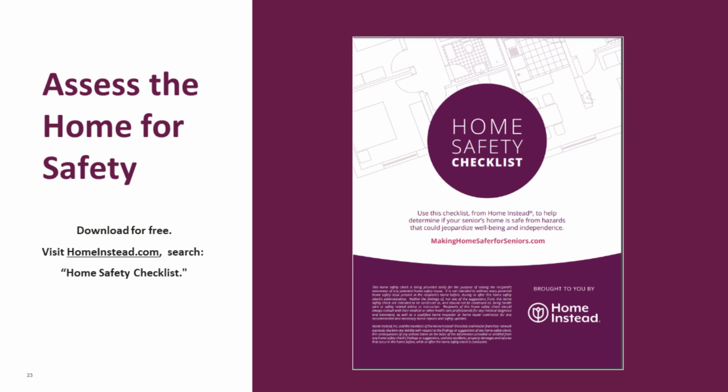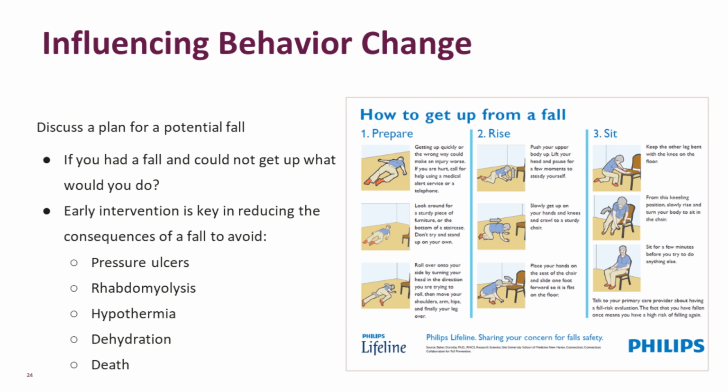And so let's kind of wrap up by talking about behavioral change. And also I wanted to offer some tips on if a fall does happen, because even if we do everything in our power to prevent a fall, it's still possible. So how can an older adult potentially get up safely after a fall?